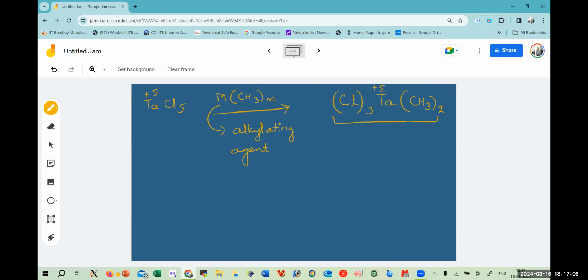Now, at this position, we are introducing the first ethylene group. The chlorides remain as such, and with one CH3 this way and the other CH3 this way, the ethylene would coordinate first, and then undergo insertion into the metal alkyl bond.